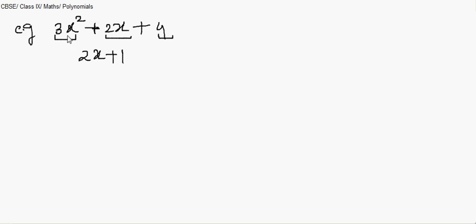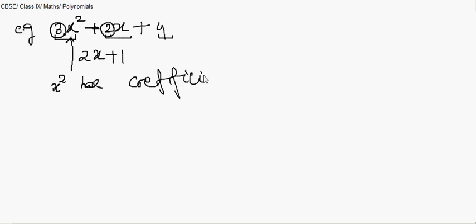This has 3 as the constant, this is 2 as the constant, so the variable x square has a coefficient which is 3. X square has numerical coefficient 3. Now what is the degree?